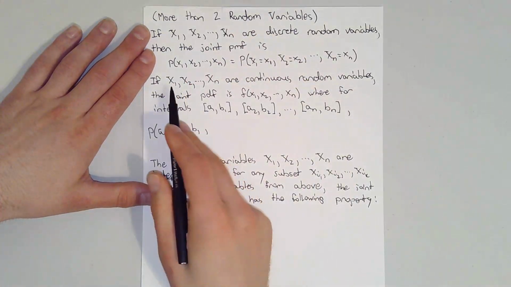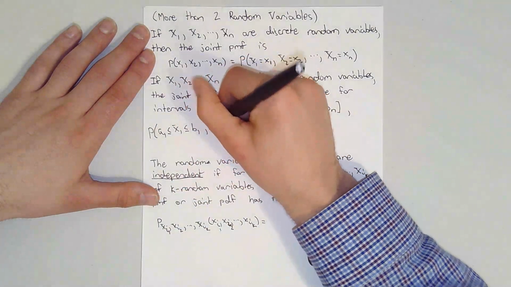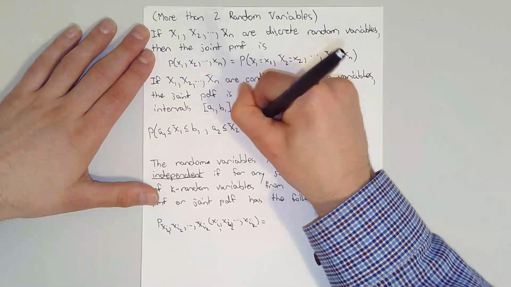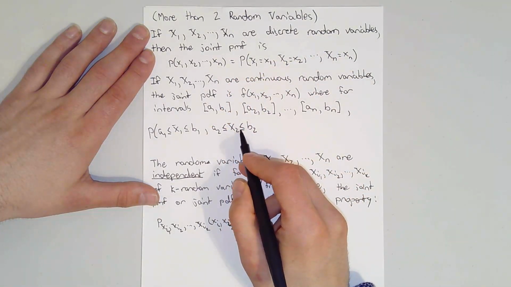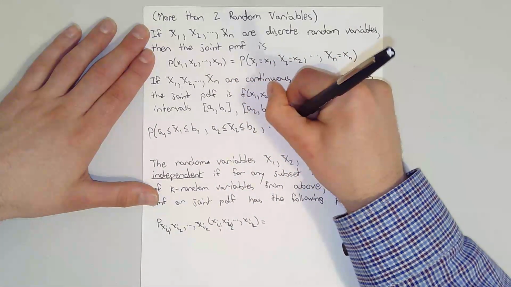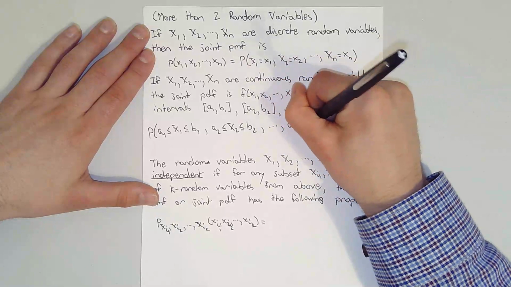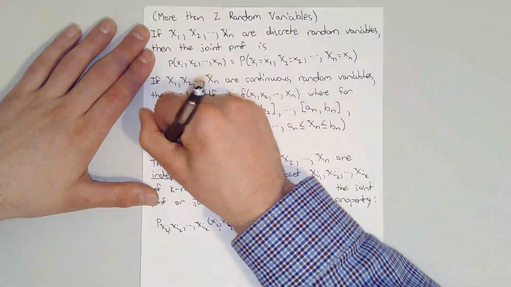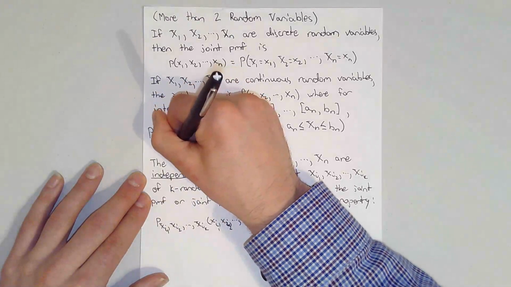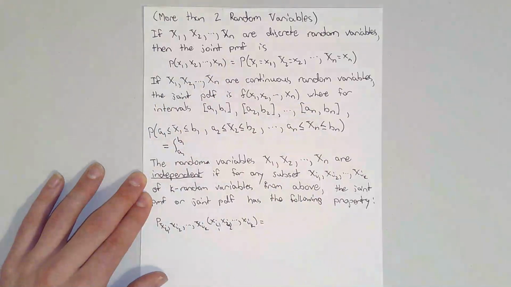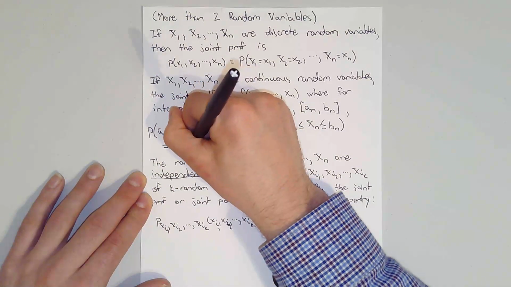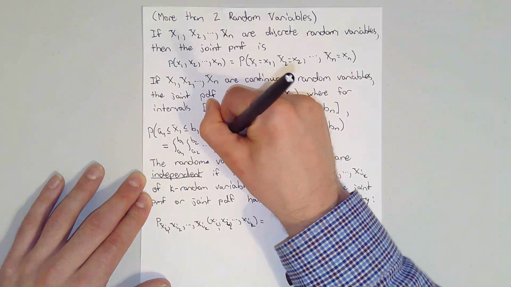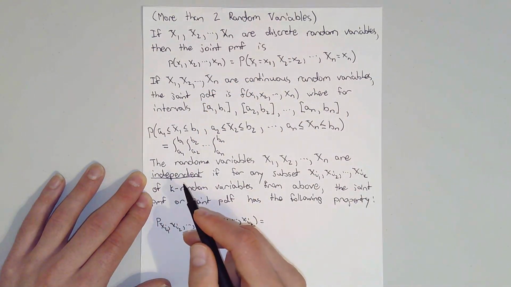The probability that our first random variable falls in the first interval, and our second random variable falls in the second interval, all the way to the last interval, is equal to the integral from a sub 1 to b sub 1, and so on. There are n integrals here.